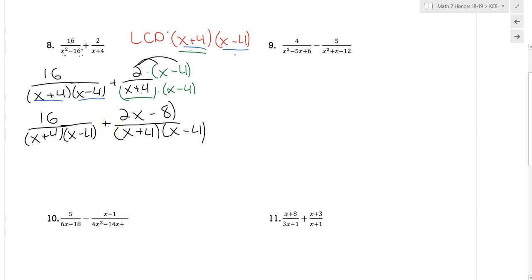It's addition, so I don't have to worry about changing any signs. I don't know why I put a parentheses there. Don't worry about it. So we're going to start with our x, right? We still want to write it in standard form. So x is first, and then 16 minus 8 is 8.